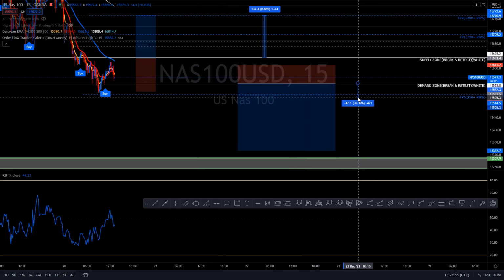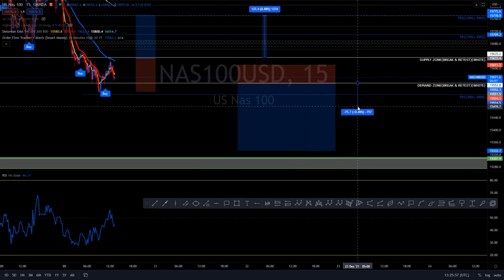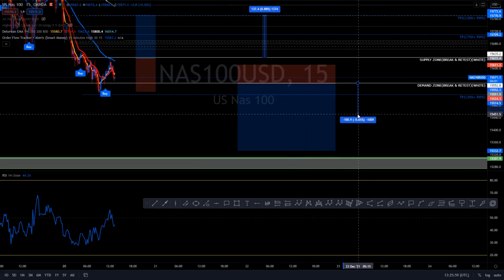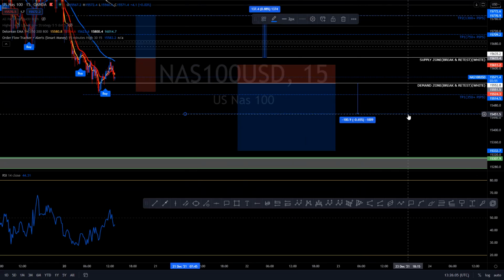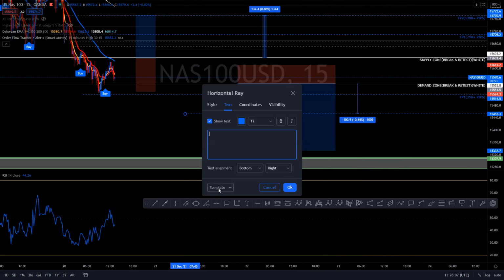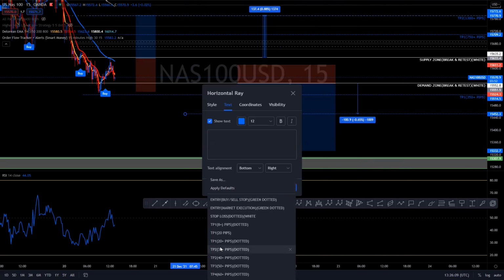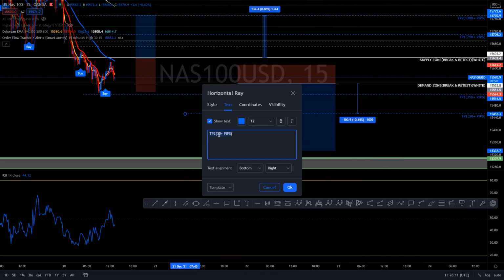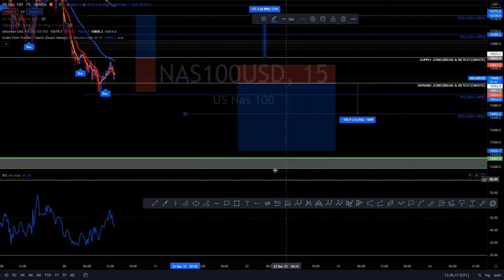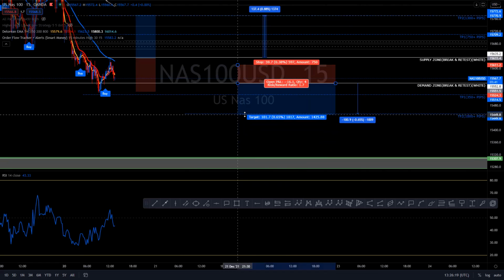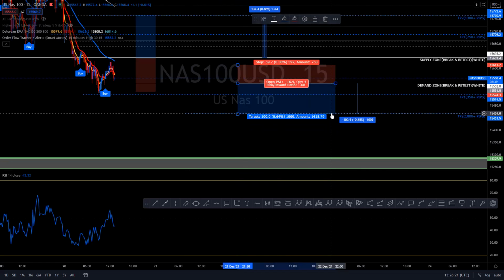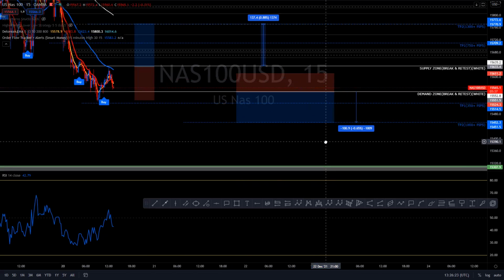Now, and then I will bring TP2. I probably would just put 1,000 plus pips. We'll do that. Then I'm just going to set it for that for now.